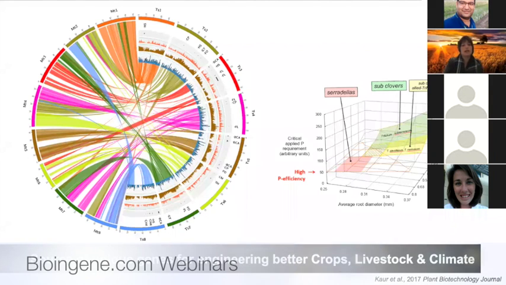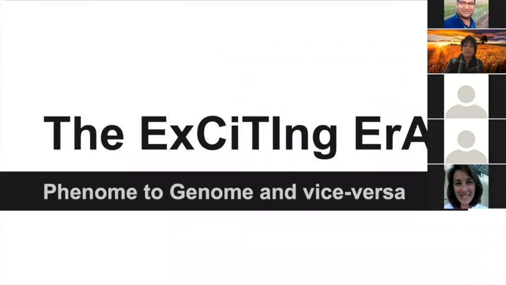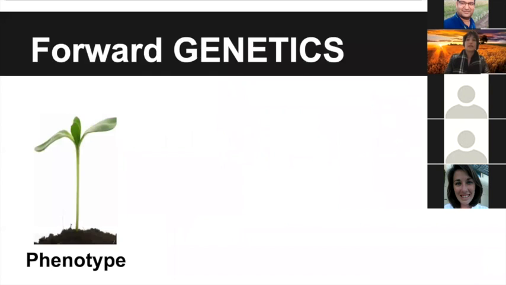We were able to do that for a number of genes and traits, for example phosphorus efficiency, which is one of the key drivers in Western Australia, which has some of the poorest phosphorus soils in the world.